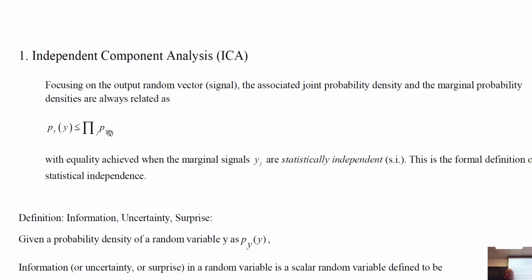And each one of the components is going to have its own probability density called the marginal probability density. And the product of the marginals is always greater than or equal to the joint density of the whole vector. And the random variable components become statistically independent if you achieve equality. Just a definition.